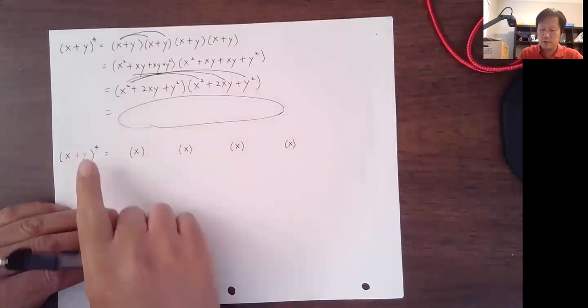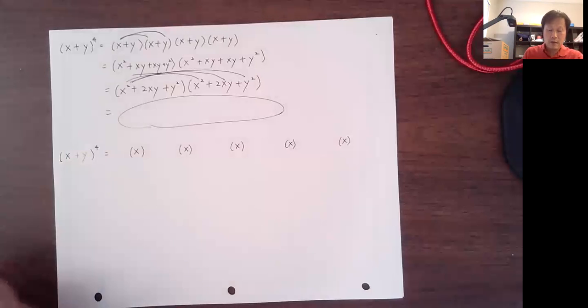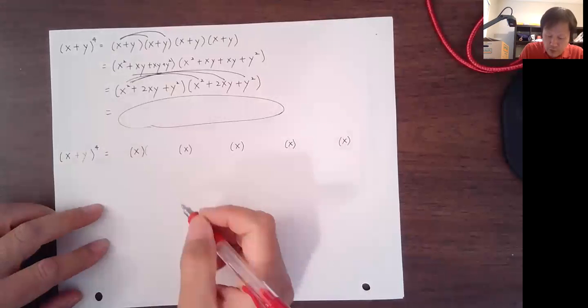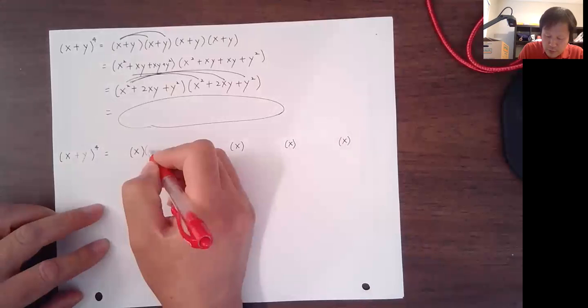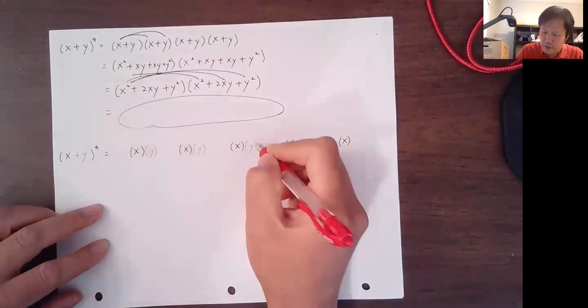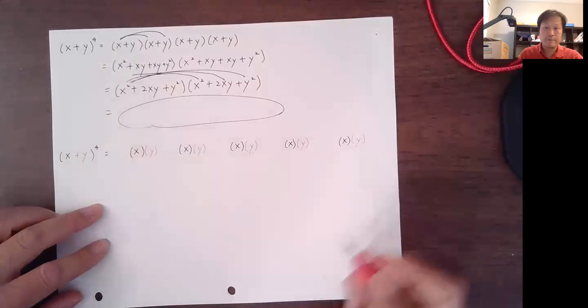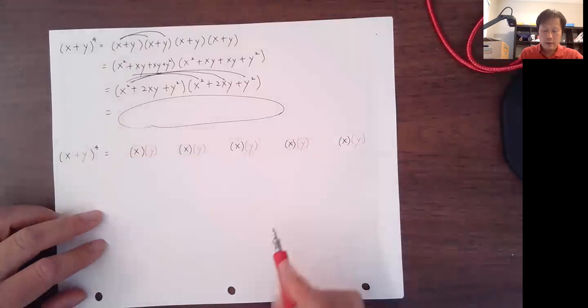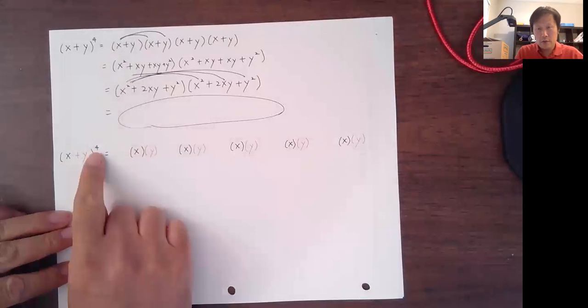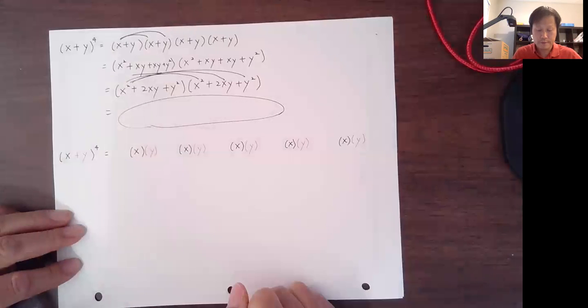So for fourth power, you need 5 of them. Another x plus y will be another parenthesis: plus y, same as y, plus y, same as y, plus y, same as y, plus y, same as y. You have a fourth power, you need one more. 1, 2, 3, 4, 5 of those.